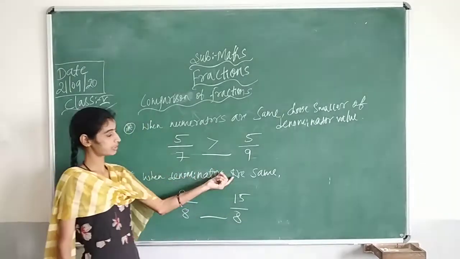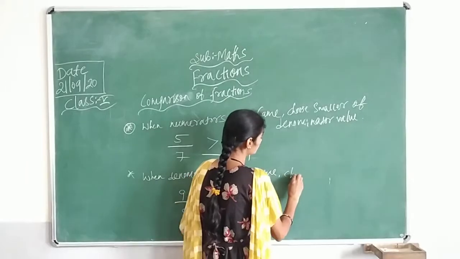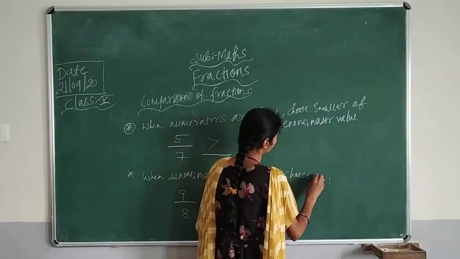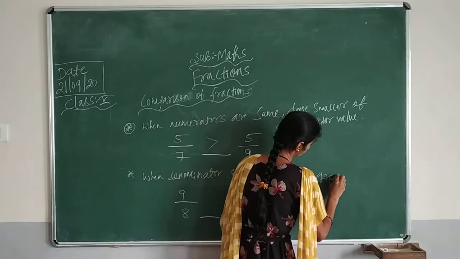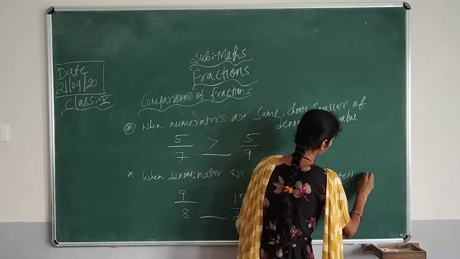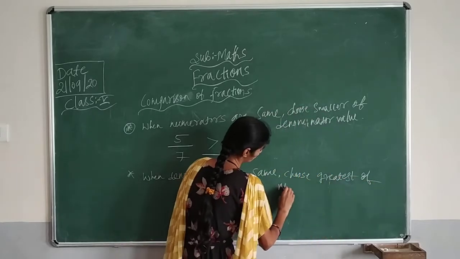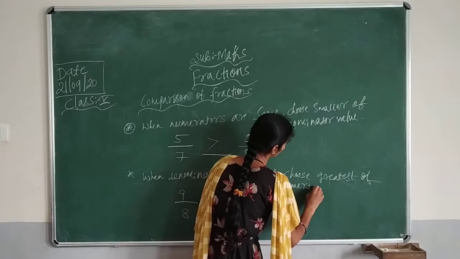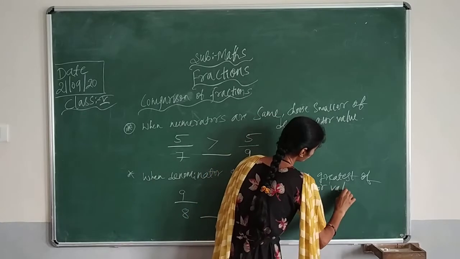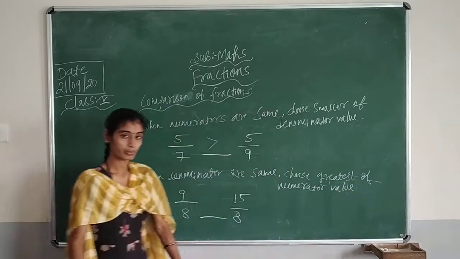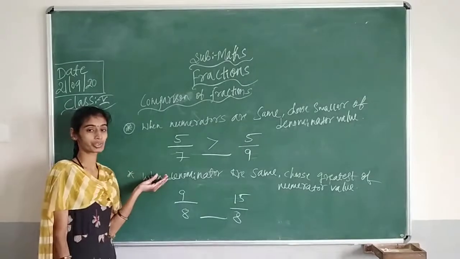So when denominators are same, at that time choose greatest of numerator value. So greatest of numerator value. So now what is the condition for this children?